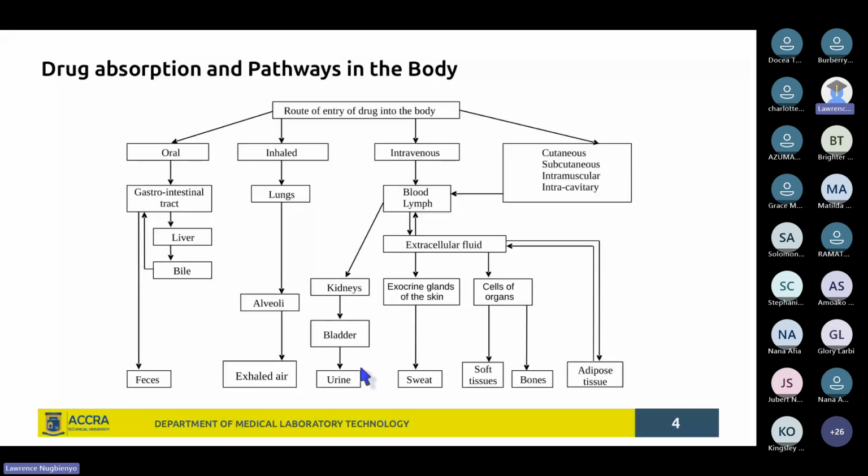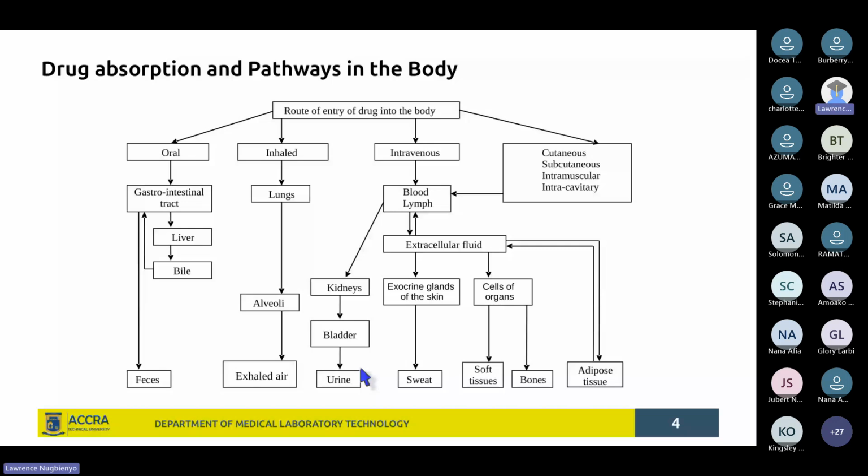So 4 stages. Usually this is referred to with an acronym, ADME, absorption, distribution, metabolism, and excretion, which are the 4 stages of pharmacokinetics. So actually today what we'll do is we'll be looking at pharmacokinetics, so that the next time we'll be looking at pharmacodynamics.